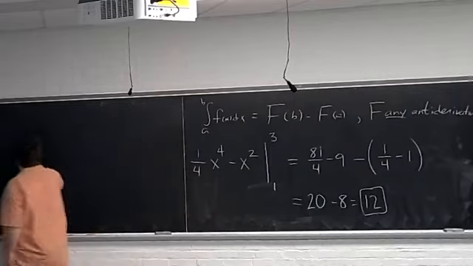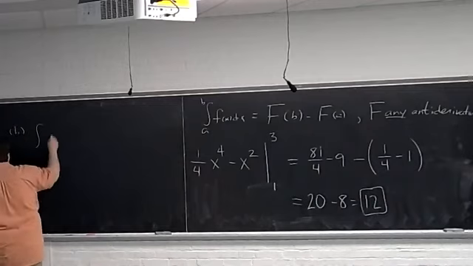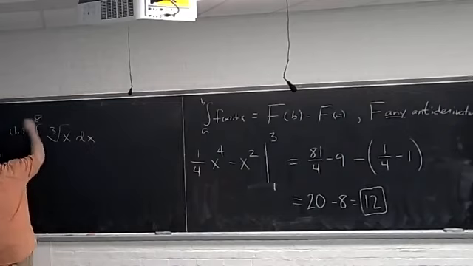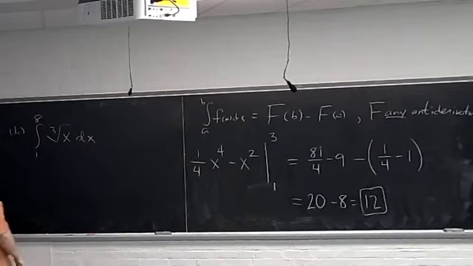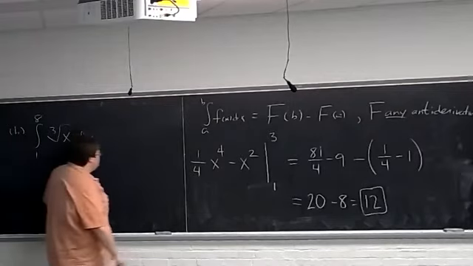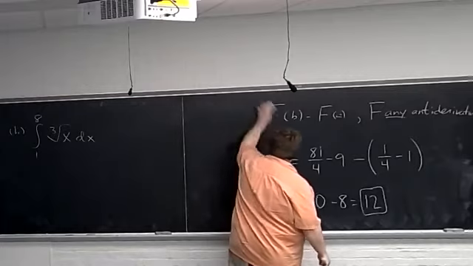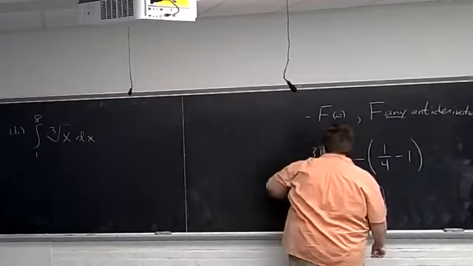Part B said what? Integral of the cube root of x from 1 to 8. Well, we need an antiderivative of the cube root of x. How do we find that? Well, we can use the power rule.